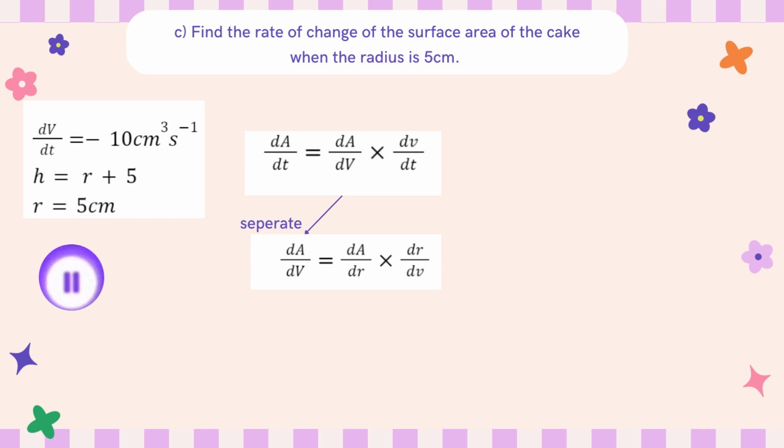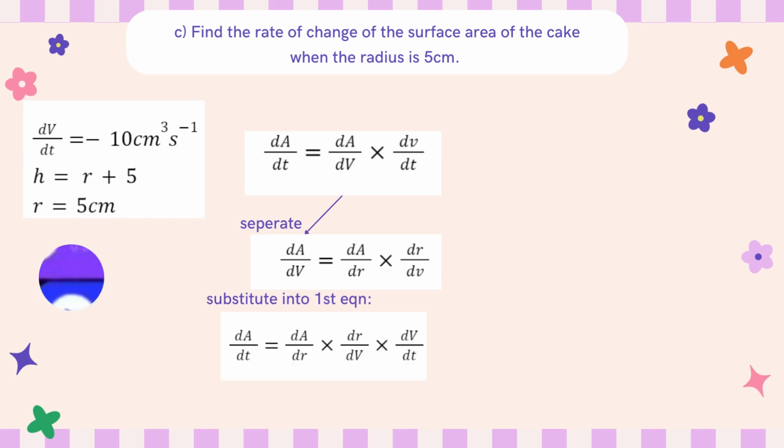Now we know that dA/dV can be obtained using the chain rule. So dA/dV equals dA/dr times dr/dV. After that, we must substitute the value of dA/dV into the first equation. So we get a final equation that is dA/dt equals dA/dr times dr/dV times dV/dt.